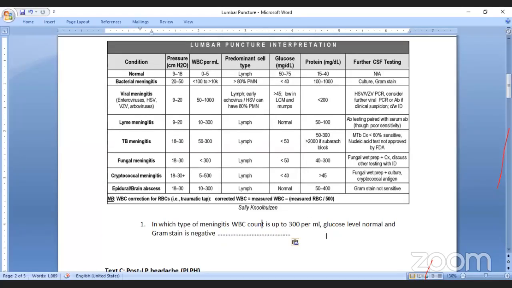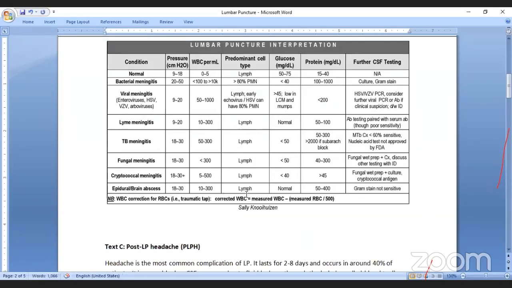And then glucose normal. It is normal here and here, so our answer could be Lyme or epidural. Then Gram stain is negative, so it is only in the last one. This is how we approach the questions in a table.